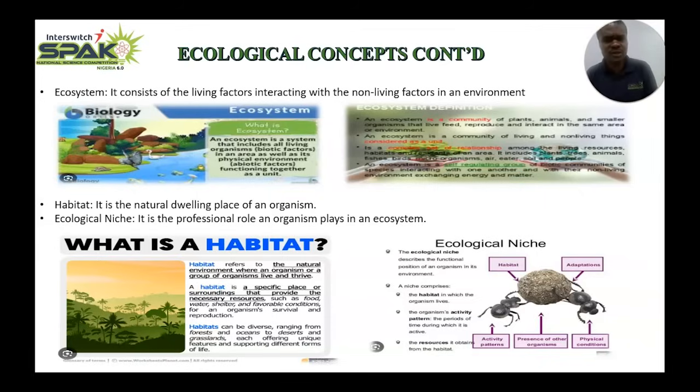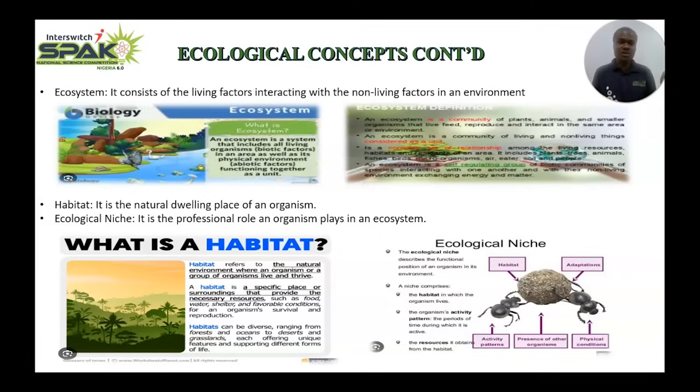Then what is ecosystem? Ecosystem refers to the living organisms and their non-living environment interacting together as a system.